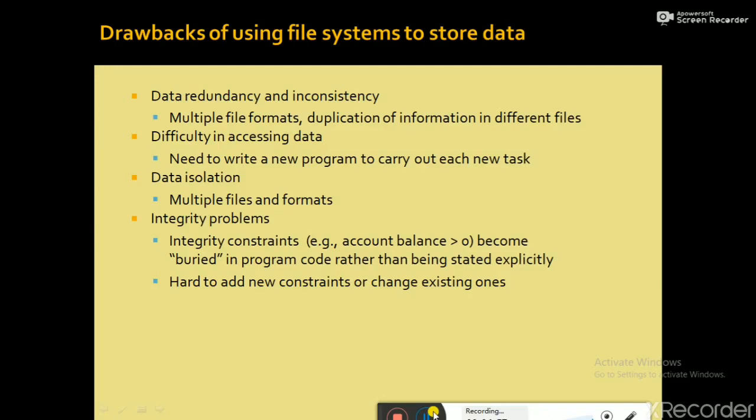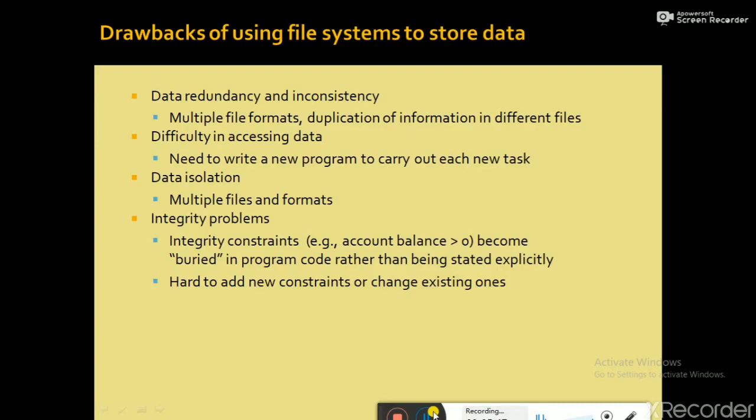Now the files may be in different formats. That means it may be a .txt file, a .doc file, or any file, and these files are used to store or keep the information of an enterprise. Apart from that, this file processing system has numerous application programs to manage and access those files.